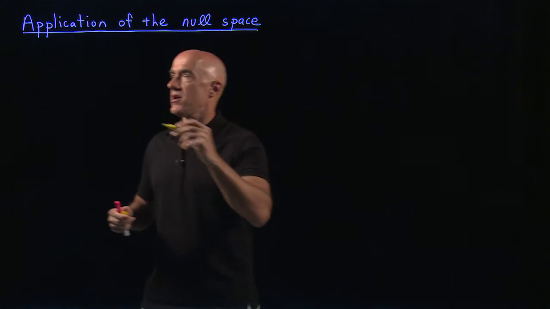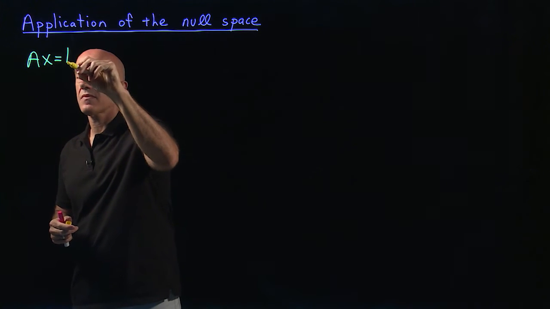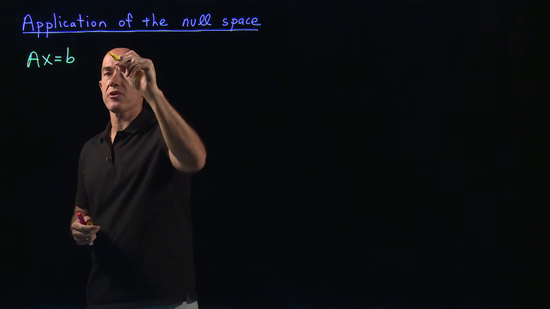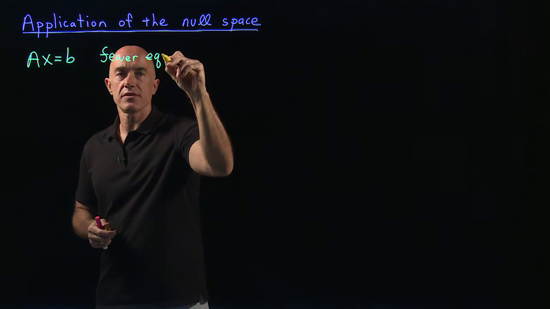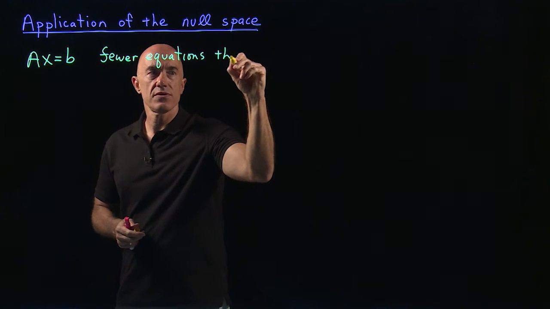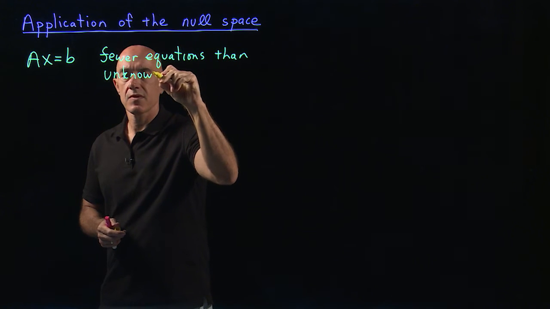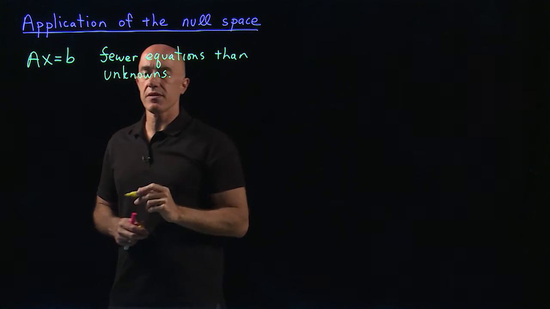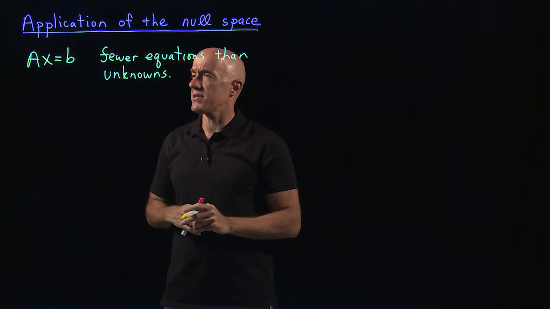So we're going to consider the equation Ax equals b, where there are fewer equations than unknowns. That's called an underdetermined system. And what does that mean in terms of the matrix A?